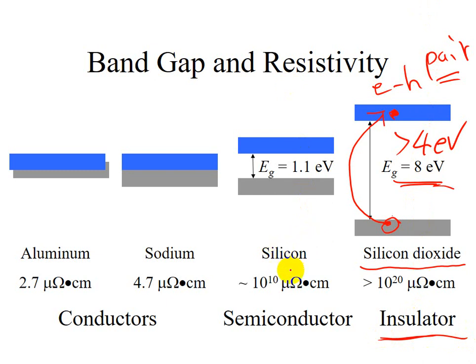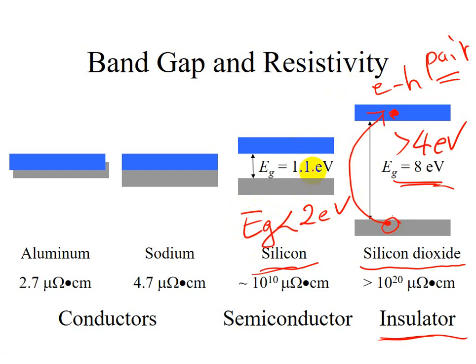But in the case of a semiconductor, for example, silicon has an energy band gap equal to about 1.1 electron volts. When you have a material with an energy band gap somewhere less than 2 electron volts, you get very good opportunities.